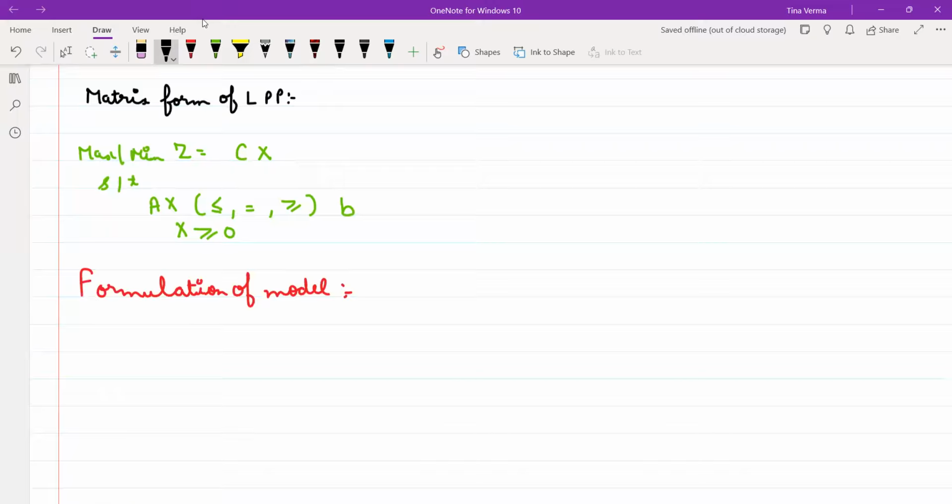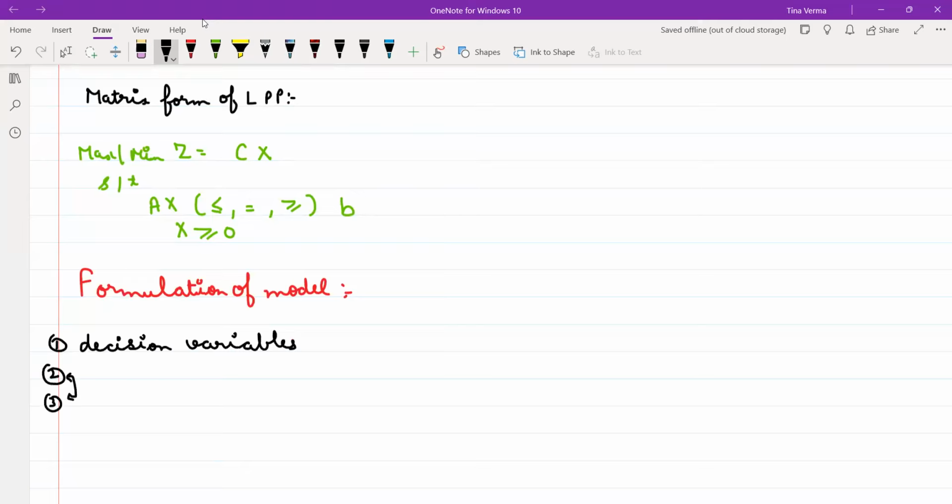So what should it have? The first and foremost thing is to decide what variables you are going to take. So the first step while formulating a problem is your decision variables, that is, what you have to do with those decision variables. The second or third can be interchanged, but the first step will remain the same.